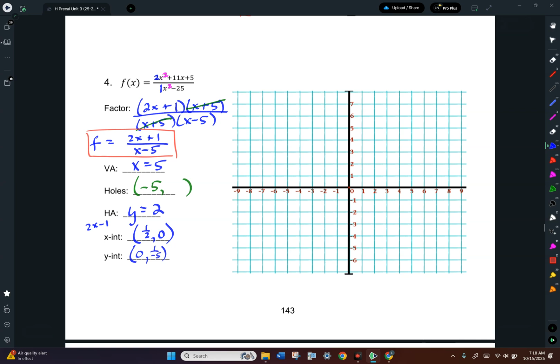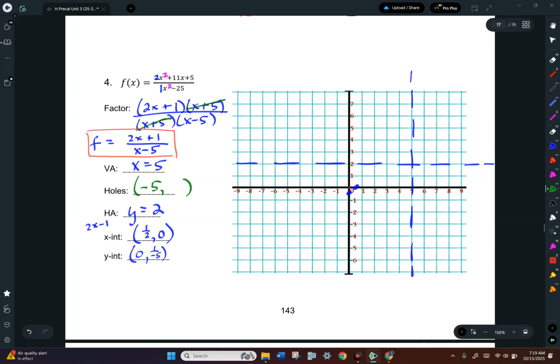Okay, so let's put everything on. Vertical at x equals 5. Horizontal at 2. Y equals 2. Notice I'm extending these way out. X-intercept at 1/2. Y-intercept at -1/5. Oh, look, I forgot to finish out my hole.